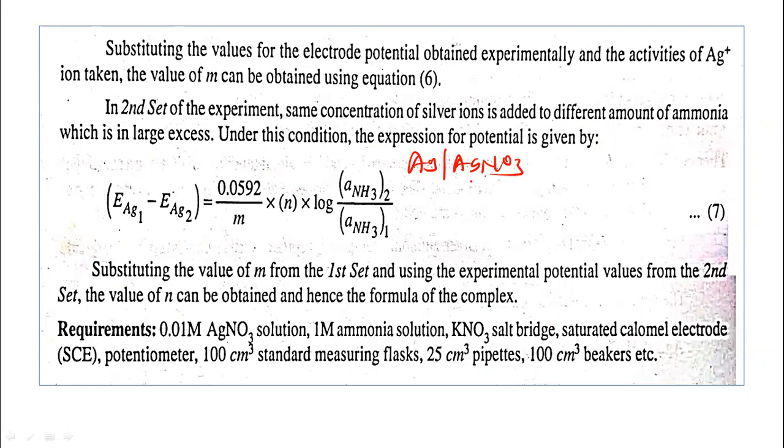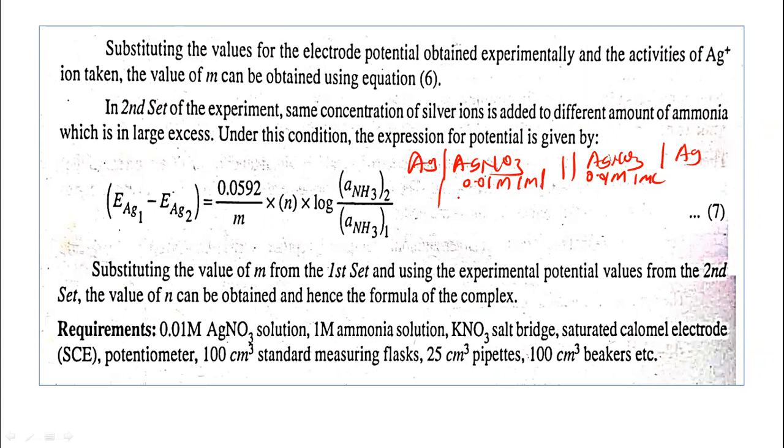Suppose that it has the concentration 0.01 molar, and we have taken 1 ml here. On the right hand side, silver nitrate of the same concentration, 0.01 molar, and 1 ml here, and silver. Now we have to change the concentration of the ammonia.